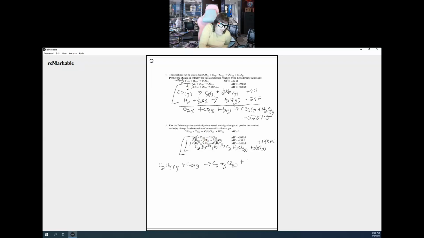So I can cancel that one. And that leaves me with one HCl gas. And so I can do happy math. And that means that the negative 185 minus the 65 plus 140. And that gives me negative 110.